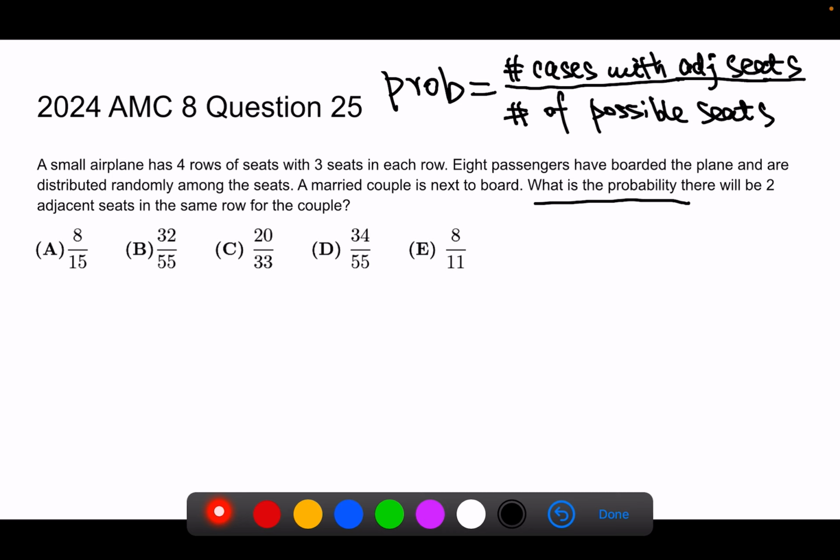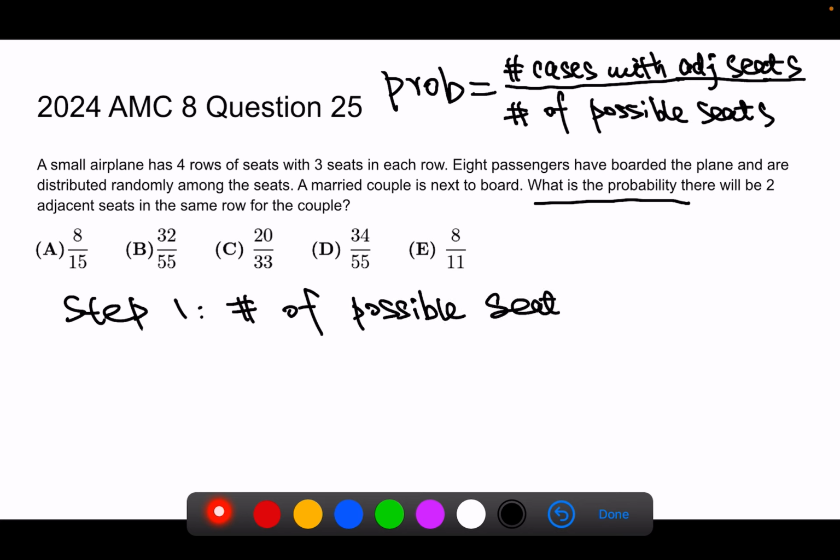The first part is going to be, I have 12 seats. 8 passengers have boarded already. How many ways can I put them into different seats? The answer here is, step 1, the number of possible seats arrangements.